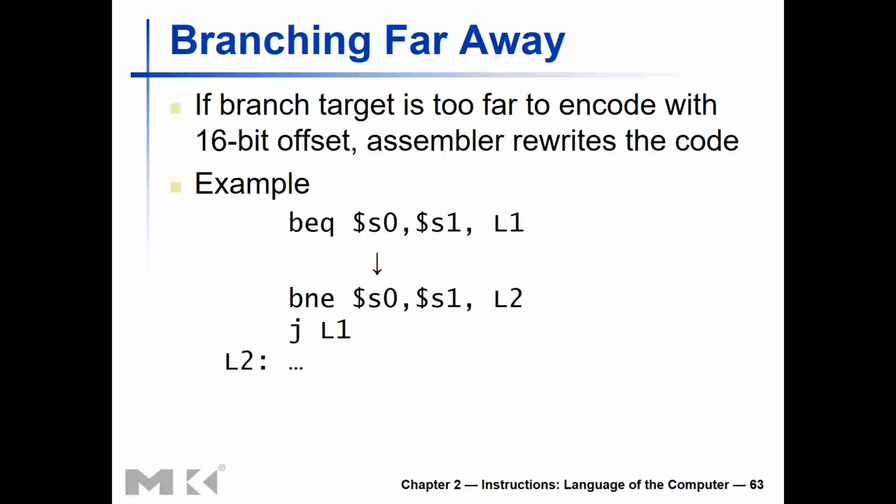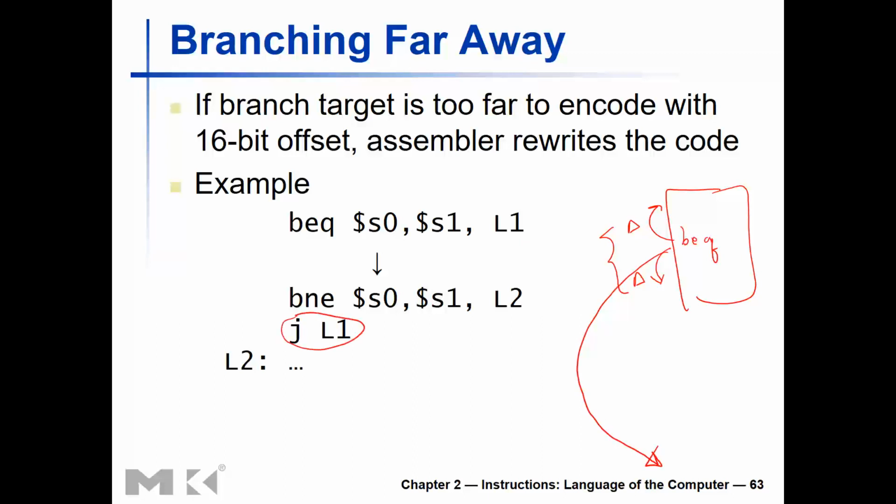Now, when we branch if equal, we are limited to a 16-bit delta. What if I want to branch to a farther distance? Then I need to use the jump instruction, which gives me absolutely anywhere I want in the memory, except for the upper 4 bits, which have to be shared with the jumping instruction. In this case, I can compose a branch if not equal with a short delta.